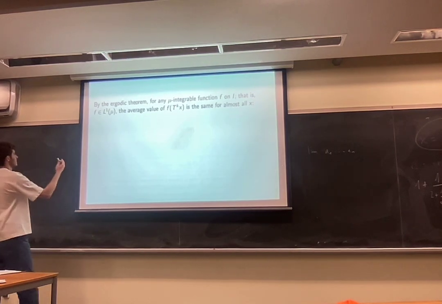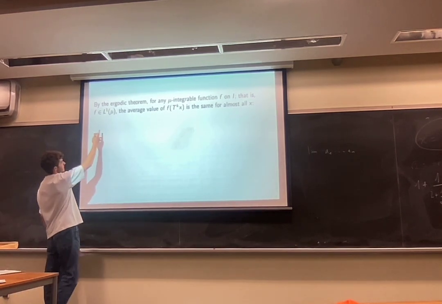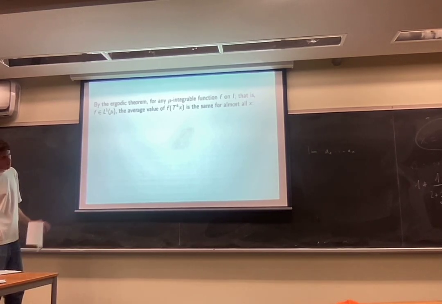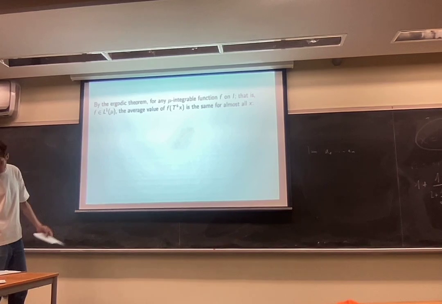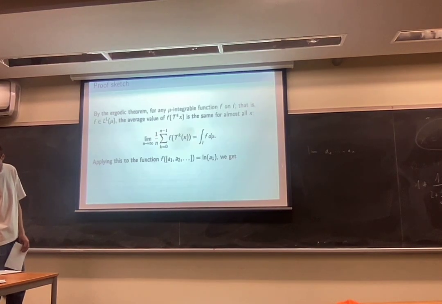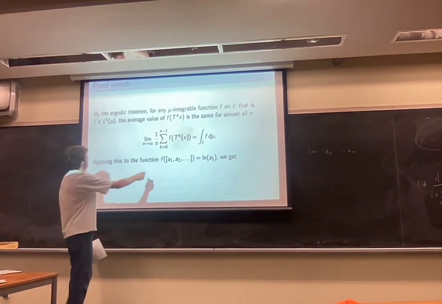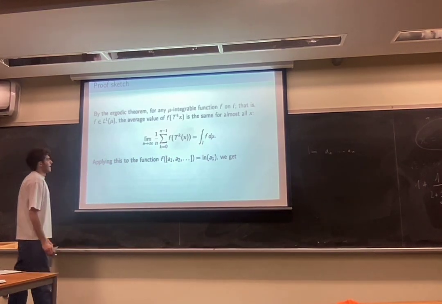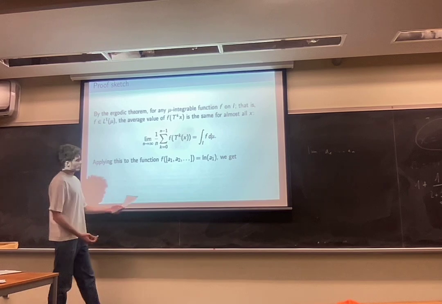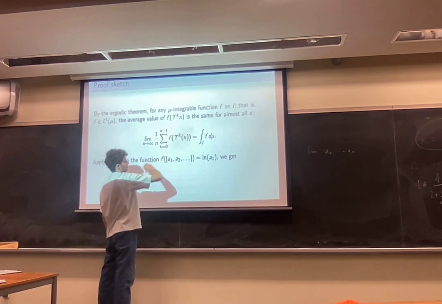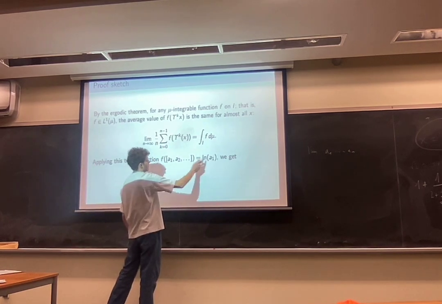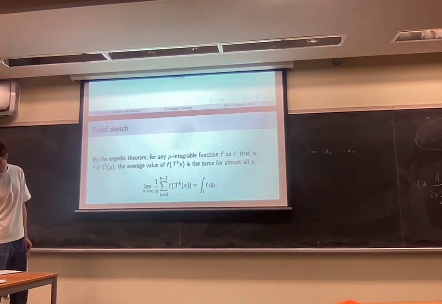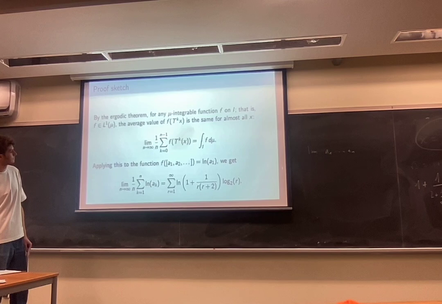What the ergodic theorem says is that if you have any function f that's mu integrable on I, then the average value of f applying your shifting map T^k is the same for almost all x. This is kind of what it means, that the average is equal to this. We have this integral identity. And in our case, we want to replace the function f by the natural log of the first term here. And so replacing f, we get this identity right here.